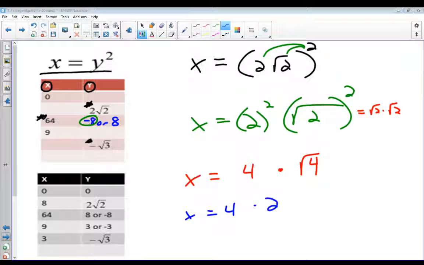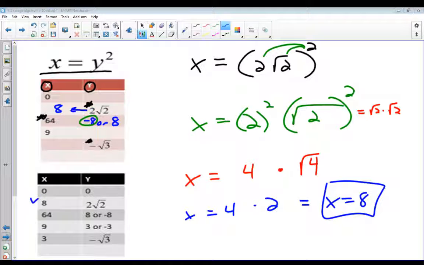So then, just got to do 4 times 2, and voila, your answer is 8. So in other words, you'll plug in 8 for the x part, and sure enough, that is the correct answer. So just remember, distribute that power to both parts. If you don't, you will get it wrong.